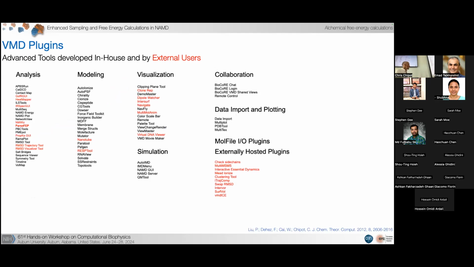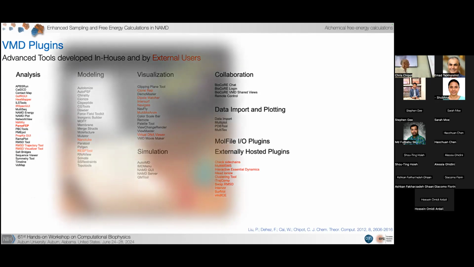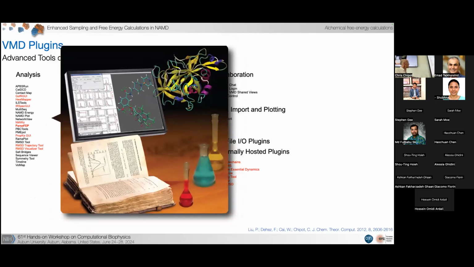And so these are the many plugins that are available in VMD. One of them is called ParseFEP, which you have here. ParseFEP will do the post-analysis. So if you do free energy perturbation with NAMD, you're going to get the FEP estimator.